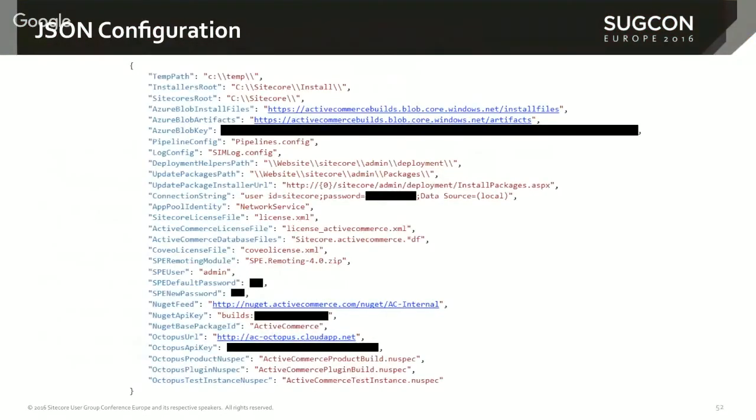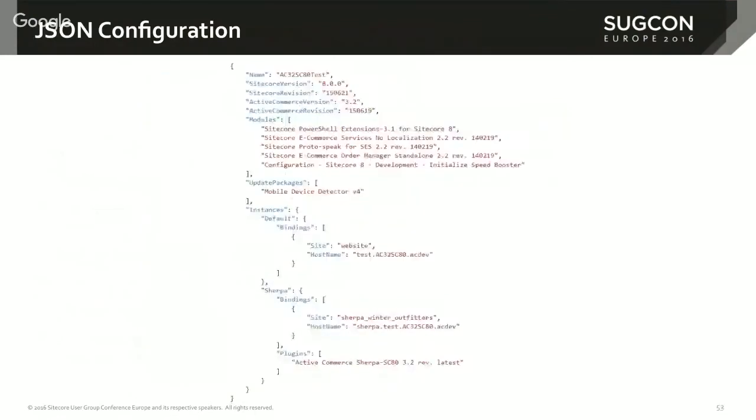So this is JSON config for the build process as a whole. These are our globals. And then this is what a JSON config for a Sitecore instance looks like. Each plugin as well as the base product has one of these for each version of Sitecore that we're going to build against, as well as a collection of these for test environments for different versions of Sitecore and Active Commerce.